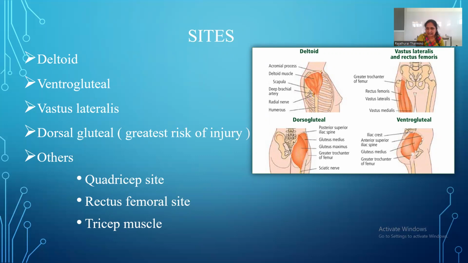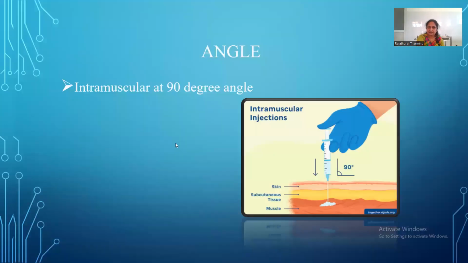Vastus lateralis. This is vastus lateralis and rectus femoris. Dorsal gluteal. This is the dorsal gluteal muscles picture. Others are the quadriceps site, rectus femoris site, and triceps muscles.